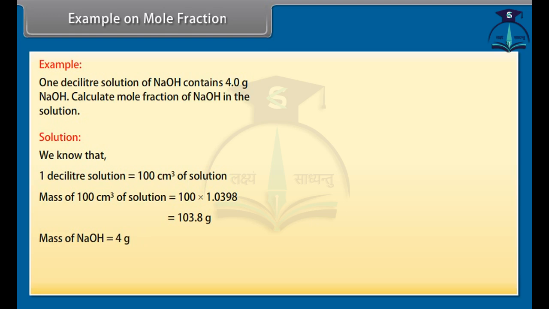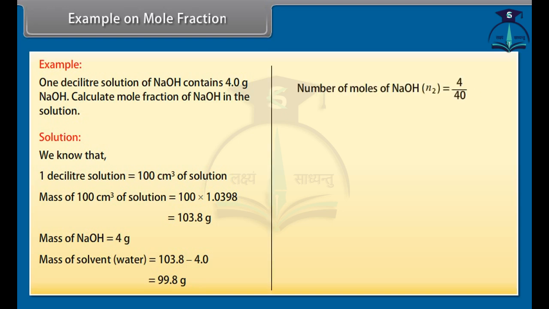Mass of NaOH is equal to 4 gram. Mass of solvent, which is water, is equal to 103.8 minus 4, which is equal to 99.8 grams. Number of moles of NaOH, N2, is equal to 4 upon 40, which is 0.10.